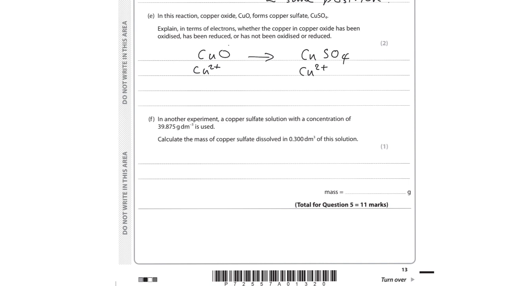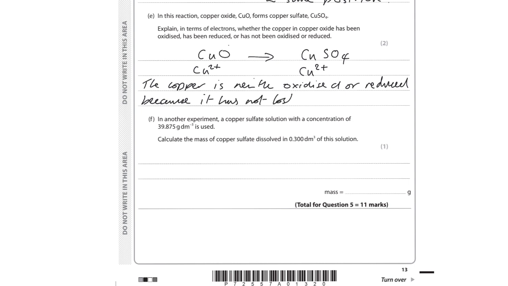So the ions don't change, they don't lose electrons or gain electrons, therefore they haven't been oxidized or reduced. So the copper is neither oxidized or reduced because it has not lost or gained electrons.